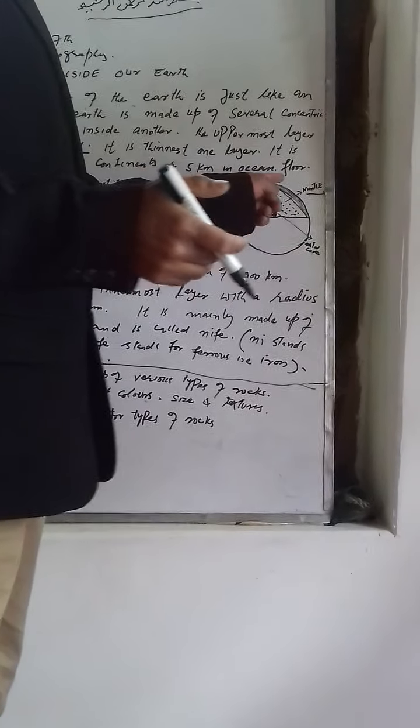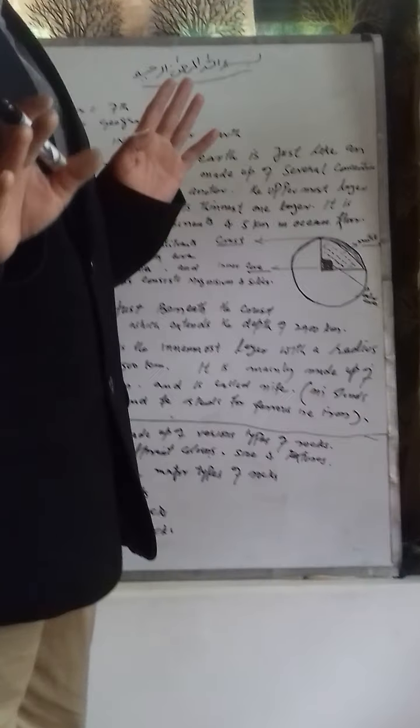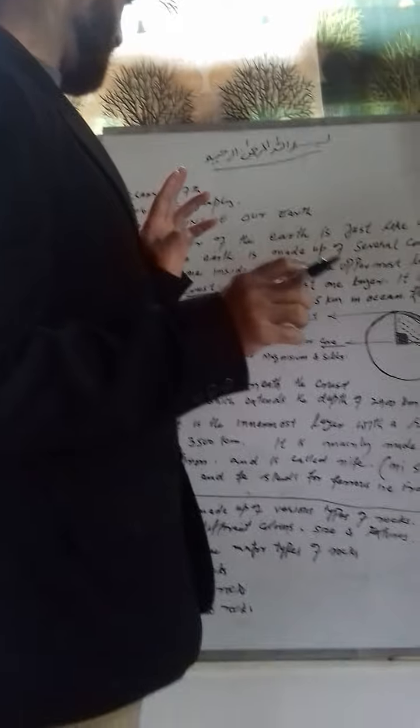As far as this crust is concerned, in the continental part there is silica and aluminum, and in the oceanic part the minerals found are magnesium and silica. Now, this is another topic. We will not go there.